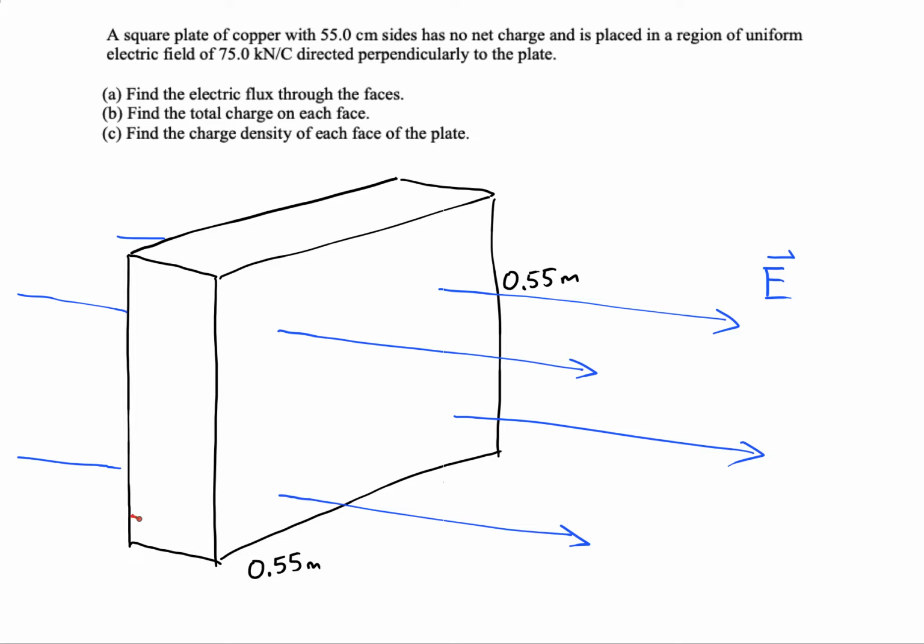This means that the left side of this object is going to acquire a net negative charge. And since there'll be a deficit of electrons, that will make the right side of the object positively charged. So there's a separation of charge.